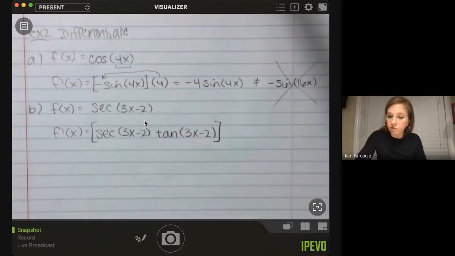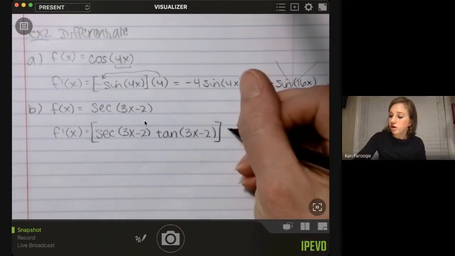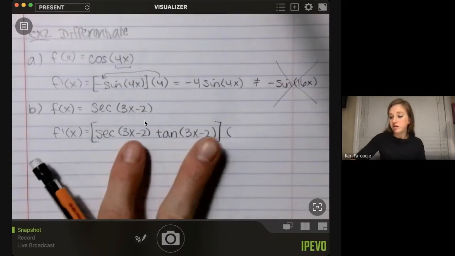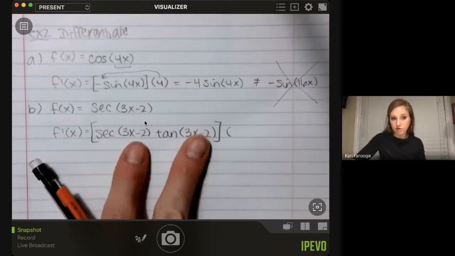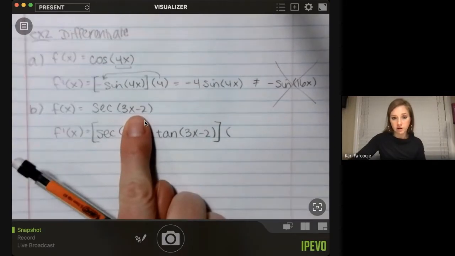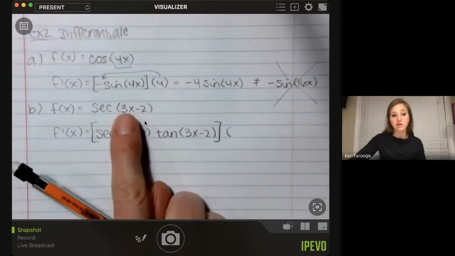And if you want to use brackets, you'll probably be more successful because it will help you to see where that constant multiple is getting applied. But remember to chain on the derivative of the inside function. Now, the reason I think people have a hard time with this is because they see the inside function twice. Don't worry about where you see it twice. Just focus on what the inside function is. The inside function is 3x minus 2. Its derivative is 3.